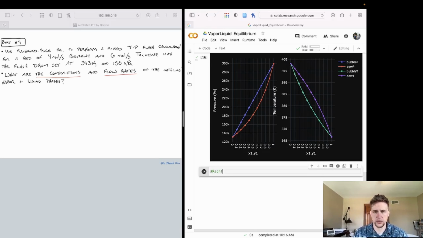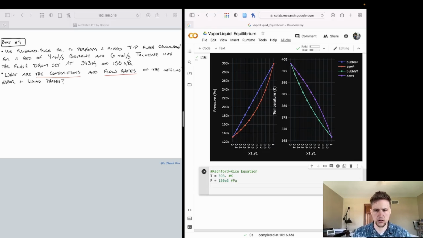We'll call this the Rachford-Rice equation. Our temperature, we are setting at 393 Kelvin. Our pressure, we're setting at 150 kilopascals.